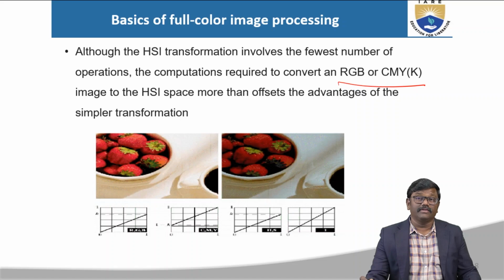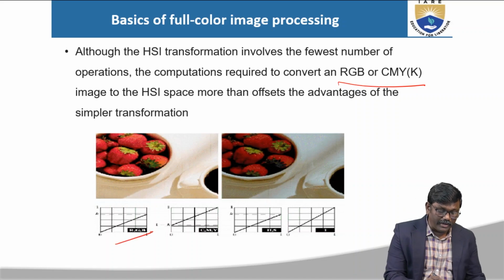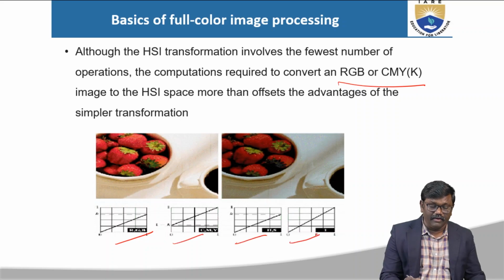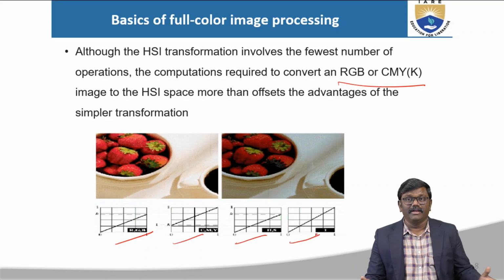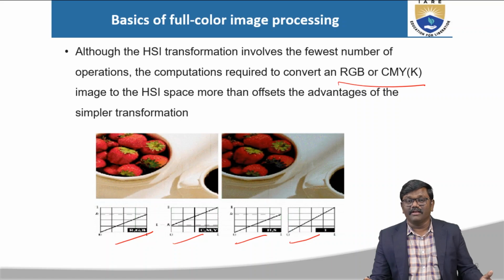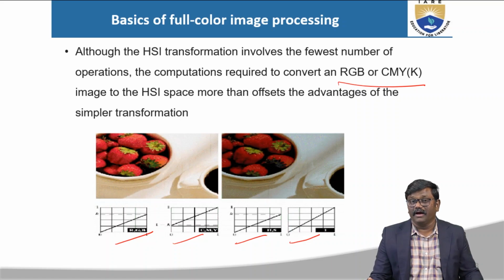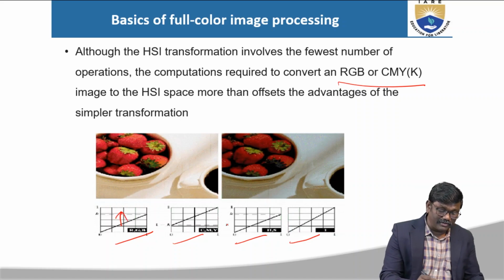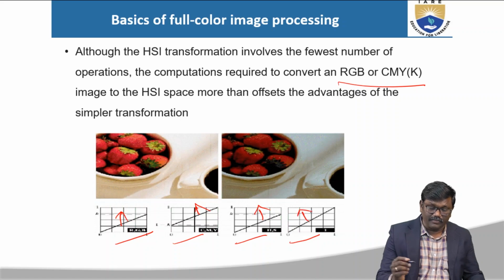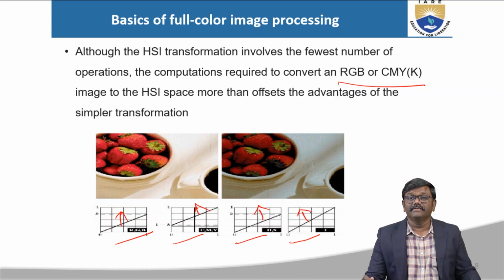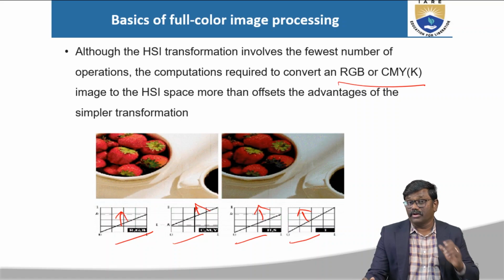The advantage of the simplest transformation is that we are going to understand each and every level of image processing. Even in our day-to-day life, we can observe some applications of full color image processing, where we can adjust the color, that is, the RGB color process. How can you adjust this? You can adjust it according to your requirement, where a grayscale image is converted into the required color image.